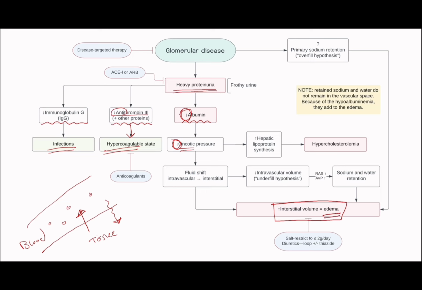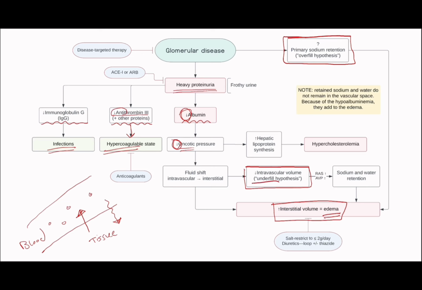The hypoalbuminemia itself is not usually severe enough to explain the profound edema of the nephrotic syndrome. Therefore, there are two other hypotheses that have been developed to explain the edema. The first one is called the underfill hypothesis, and the other one is called the overfill hypothesis.